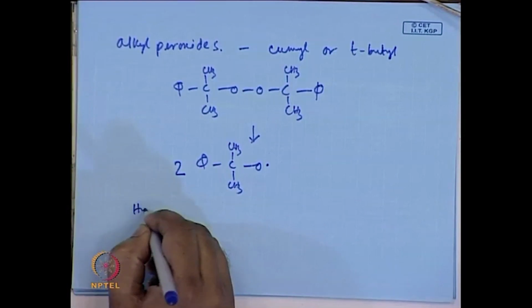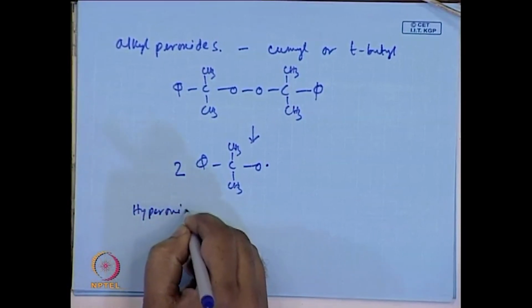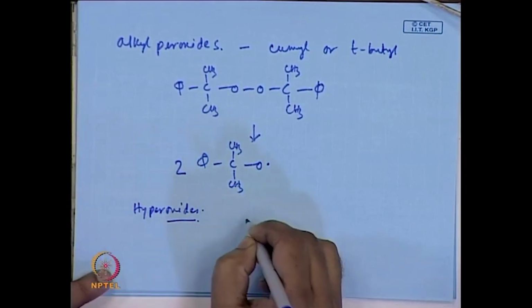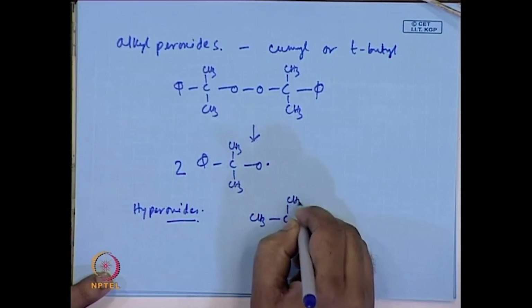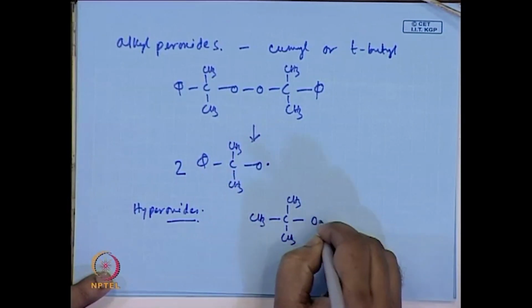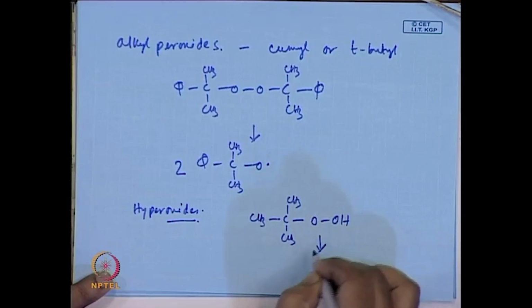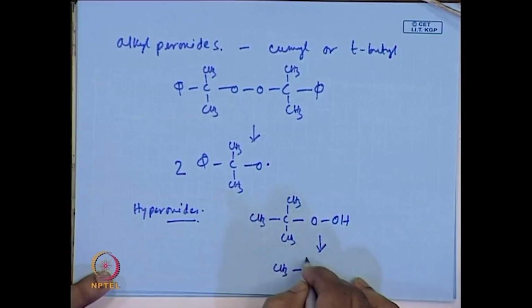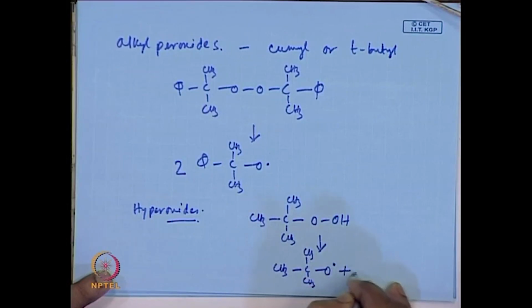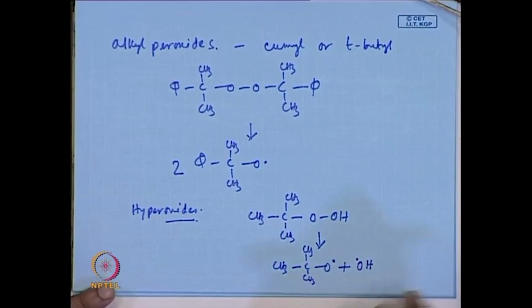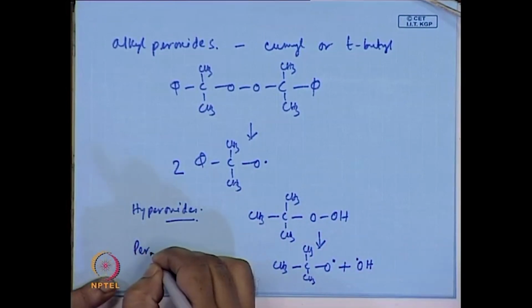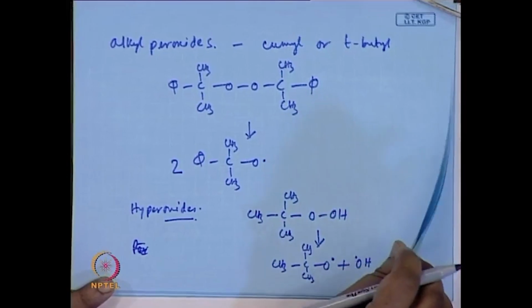Also, these hydroperoxides, for example, tertiary butyl hydroperoxide, can also undergo homolytic cleavage forming two radicals. Other examples, like peresters, let us talk about on the next page.